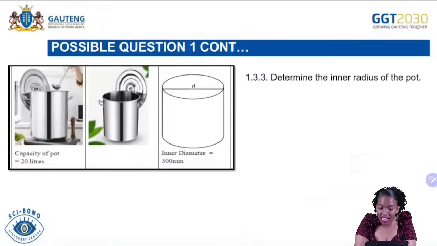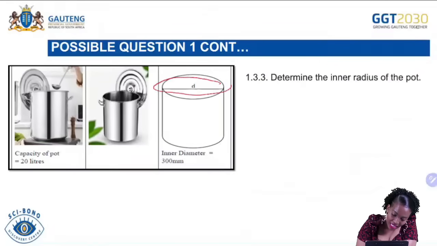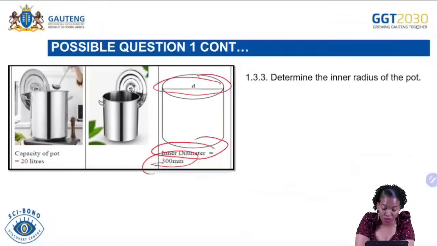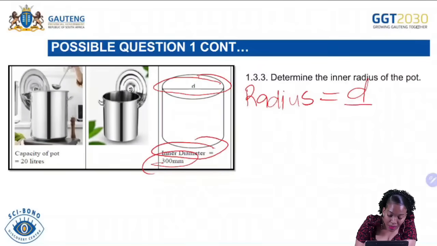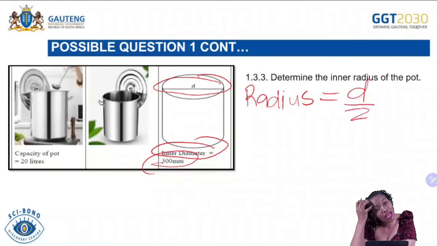1.3.3, determine the inner radius of the pot. Remember, we are given the diameter. This is the diameter. And they told us that the diameter is 300 millimeters. So since we are given the diameter as 300 millimeters, for us to find the radius, we must take the diameter and divide it by 2.